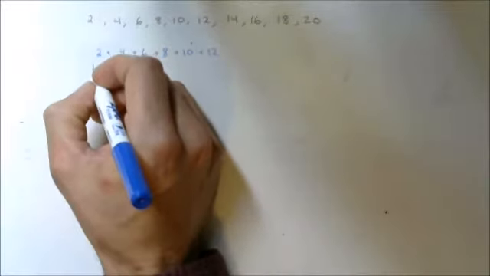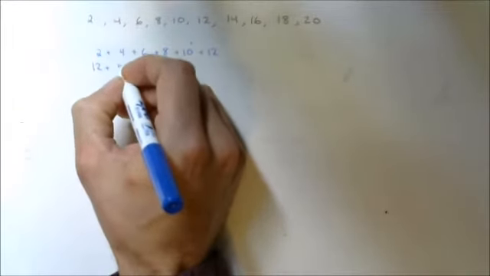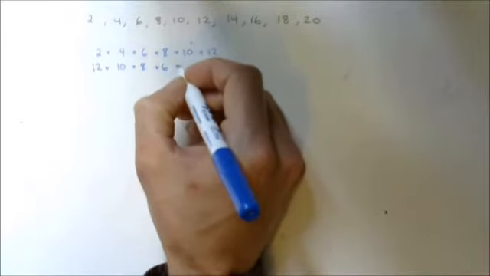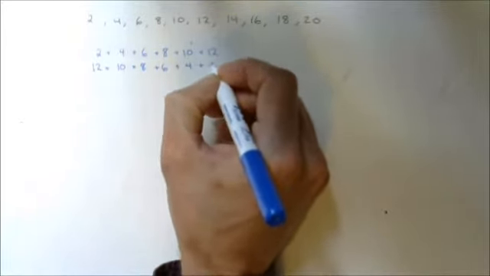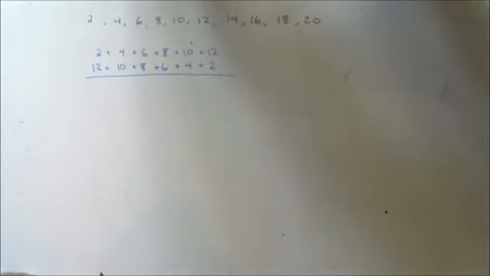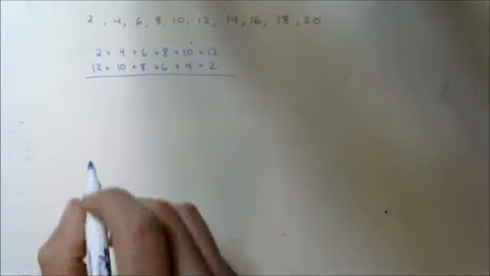Then we are going to write them again in reverse order: 12 plus 10 plus 8 plus 6 plus 4 plus 2. And we're going to add all of these up and then divide by 2, okay?